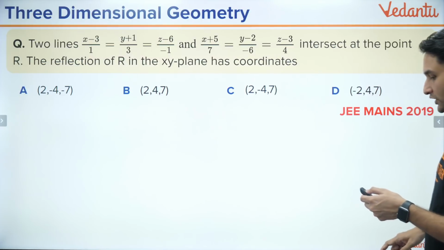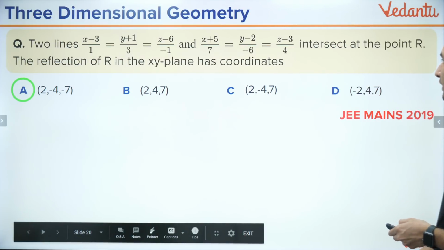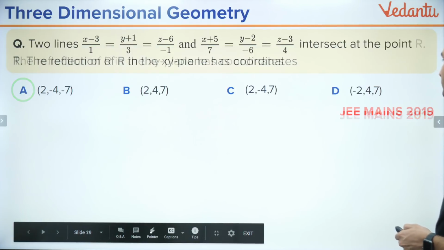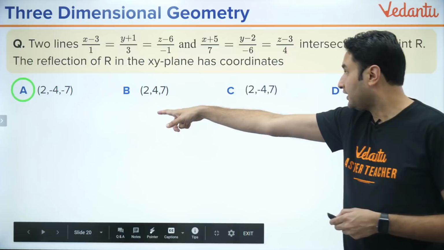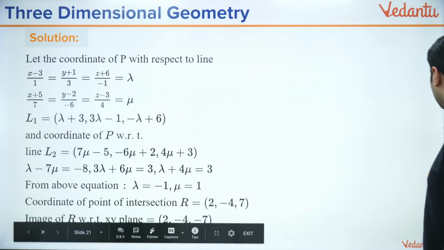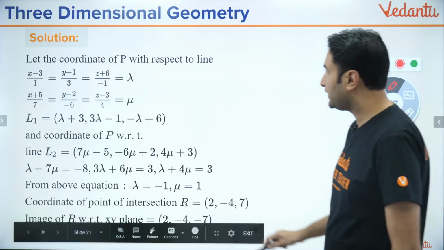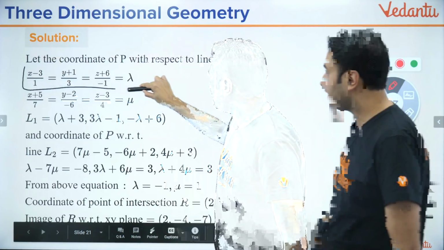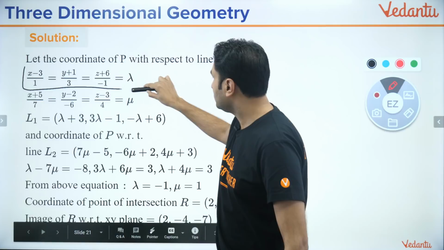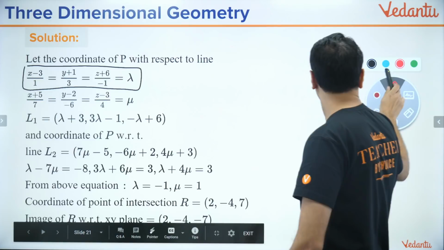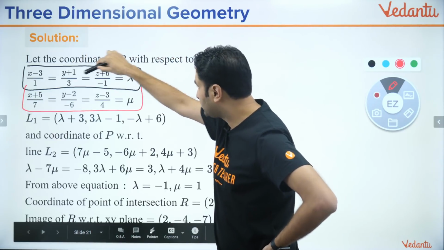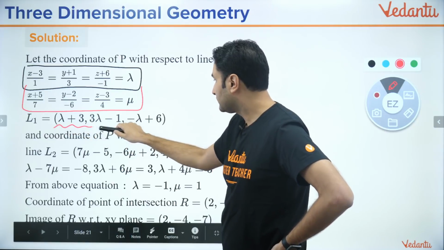Does it make sense? So what will come? Look carefully, check your answer. Answer will come out to be A, and this is the calculation, children. As I said, this is line 1. This is line 2. I found out the point R on this in terms of lambda.